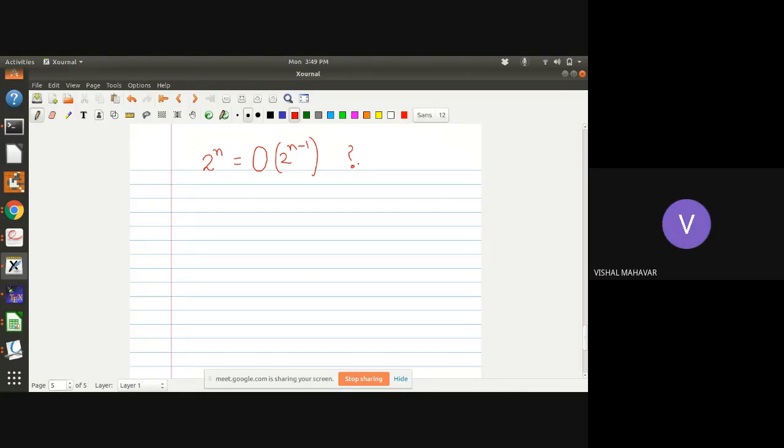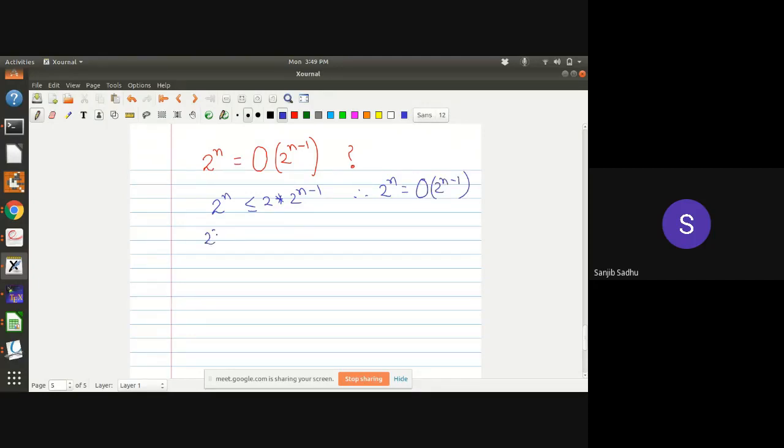Yes, sir, we can write. How? Yes, 2 into 2 to the power n minus 1. Fine. 2 to the power n is less than or equal to that. So therefore 2 to the power n is big O of 2 to the power n minus 1.